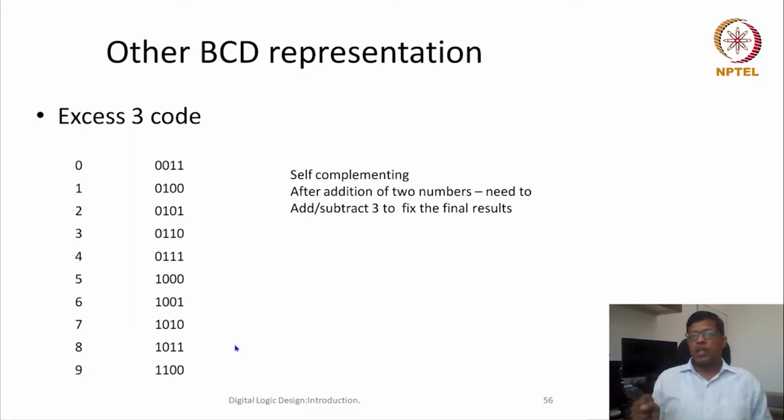The other thing is that in our previous 8421 representation, sometimes we had to add 6 and sometimes we did not need to add 6. Here the problem has been simplified: in some cases we need to add 3 or subtract 3 to fix the final results.